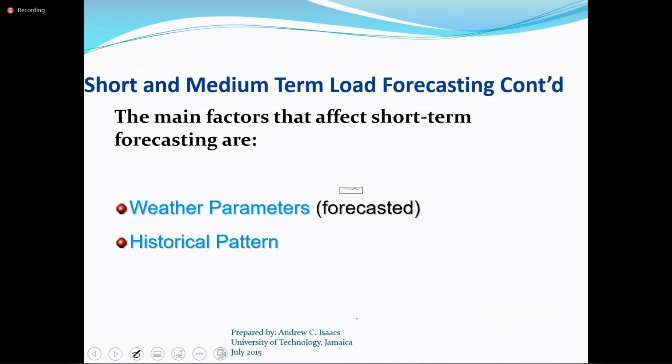Okay. Now, as I mentioned, there are some factors that will affect our forecasting. I mentioned historical patterns already. And by that, I'm talking about things like summer. You would not want to carry out maintenance during the summer, because during the summer you have that high demand, because where we live, the place is hot. So during that time, the AC loading, even from a residential standpoint, is going to increase significantly.